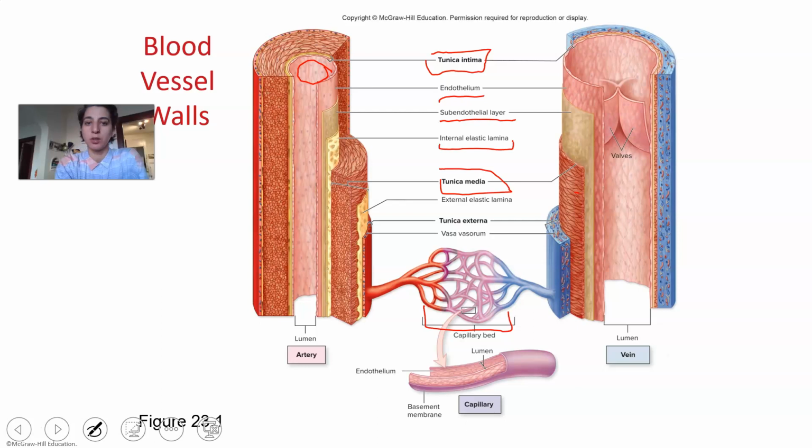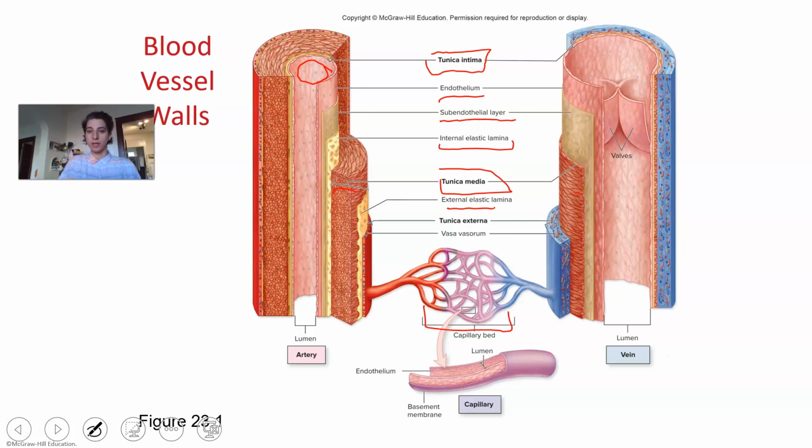All right, then you have the tunica media in both arteries and veins, and you see that in arteries, it's a lot thicker. That tunica media is comprised mostly of smooth muscle, right? So you have smooth muscle followed by, just superficial to that, in arteries, an external elastic lamina.